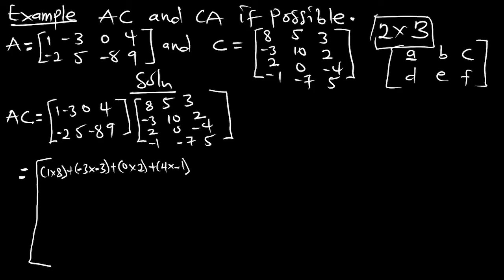That is the first A, first row, first column. Are we okay? All right.